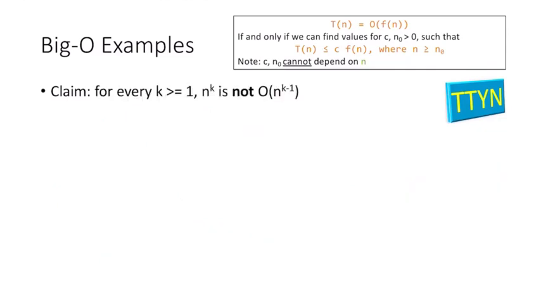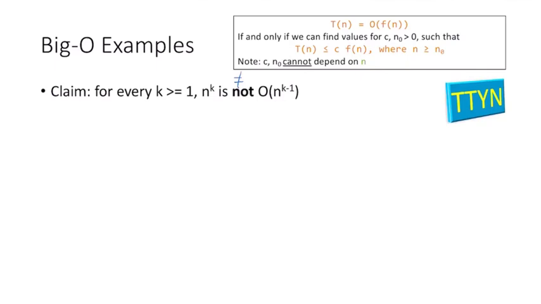Alright, so this one's fairly similar. And our claim here is that for every value of k greater than or equal to 1, n to the k is not big O of n to the k minus 1. So that'd be like the not equal that we had on the previous. Easiest way to do this is by proof by contradiction.